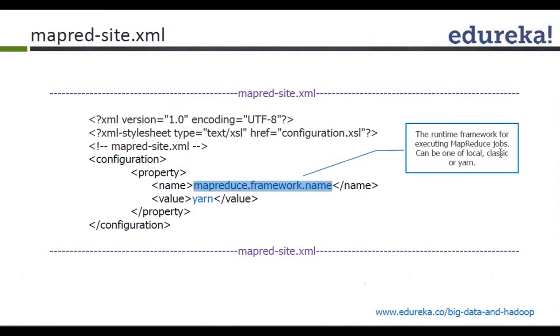By default, you can use local, that is the local file system. You can use classic, that means you will use your Gen 1 MapReduce, or else you can use Yarn. That is the new resource management framework, and what you see is in our XML file, we are using Yarn. So in our VM, we will be working with Yarn.